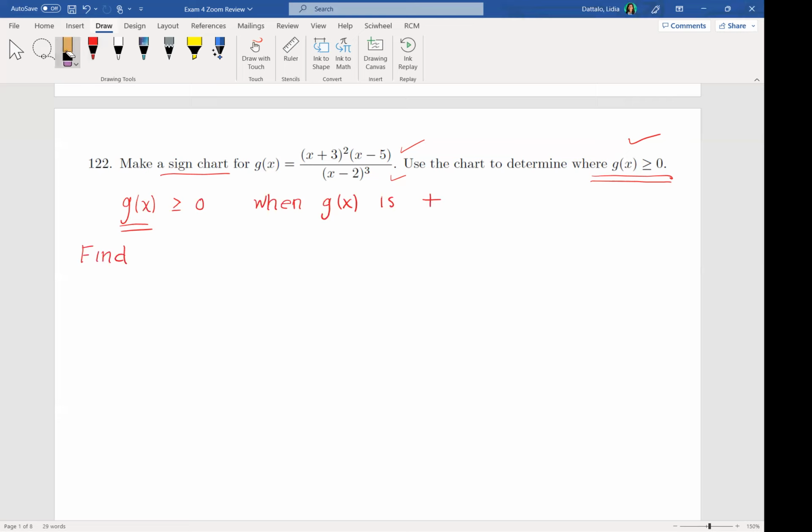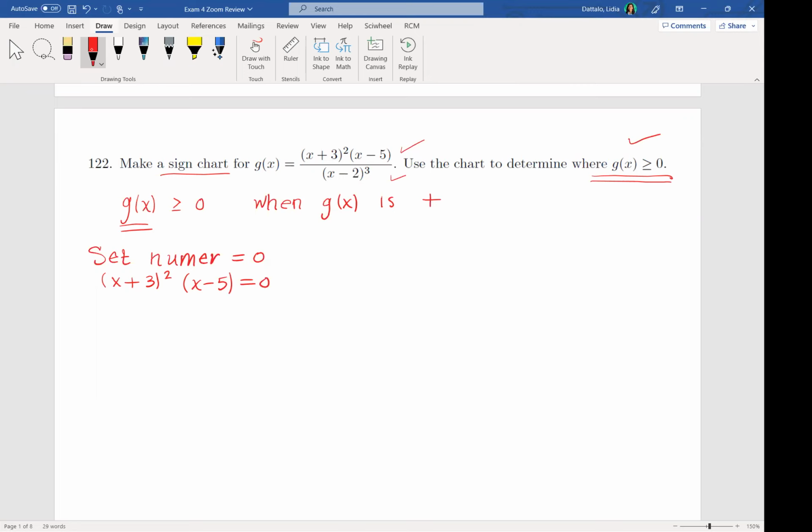Or actually I want to do this. Let's do this. We want to set the numerator equal to 0, so we can find where g of x equals 0. And that means (x plus 3) squared times (x minus 5) equals 0.